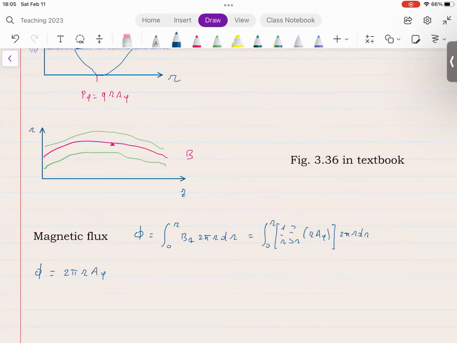But what we notice from here is that since q is a constant, I can multiply this by q. And the quantity q times phi, or q r a phi, identifies a flux tube. That's a magnetic field line, essentially.